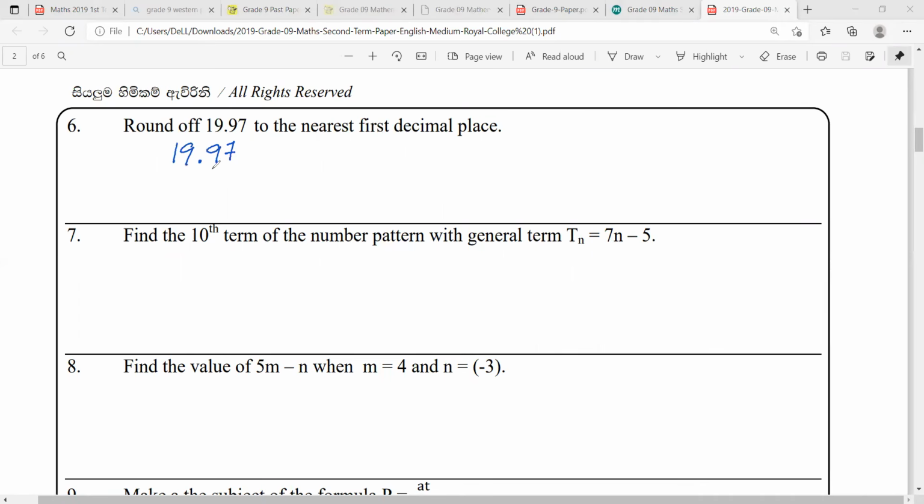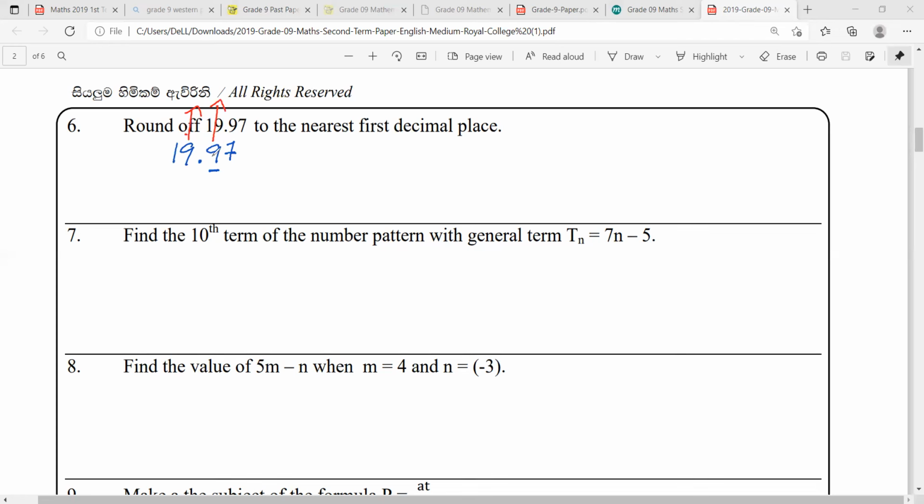So here this is the first decimal place, so you can see 7 here. 7 is there, so you have to increase this 9 by 1. When this 9 increases by 1, this also has to increase, because this is 9, this has to be 10.